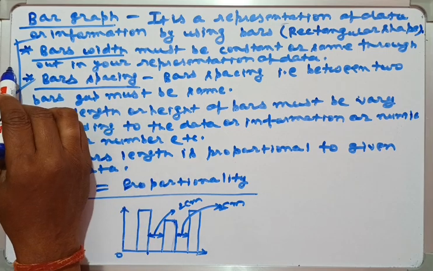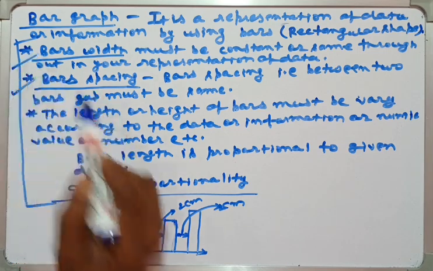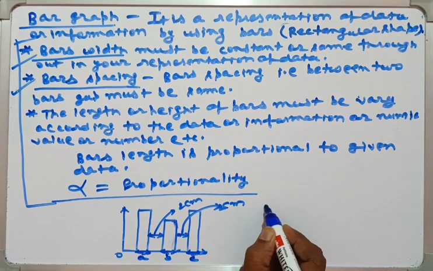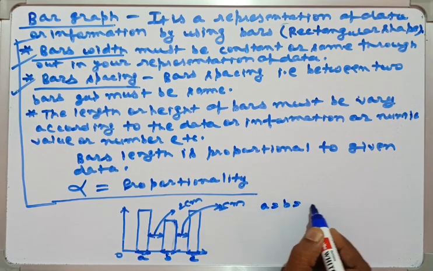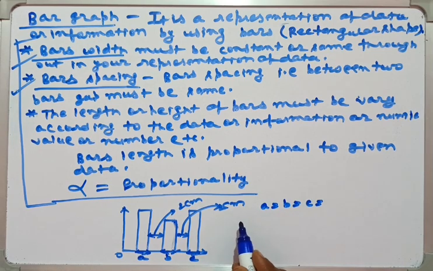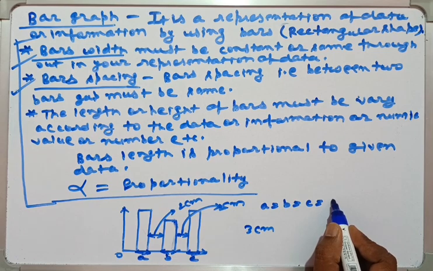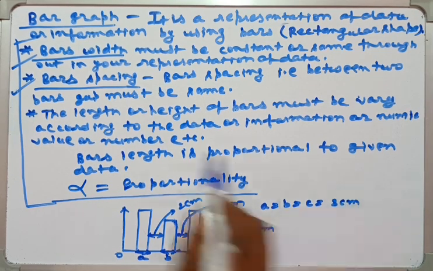Next, the bar width. See, here is the width of this bar, and this must be the same. Suppose this represents A, this represents B, this represents C, so A equal to B equal to C. Suppose I have taken a base width of 3 centimeters, so A equal to B equal to C equal to 3 centimeters.